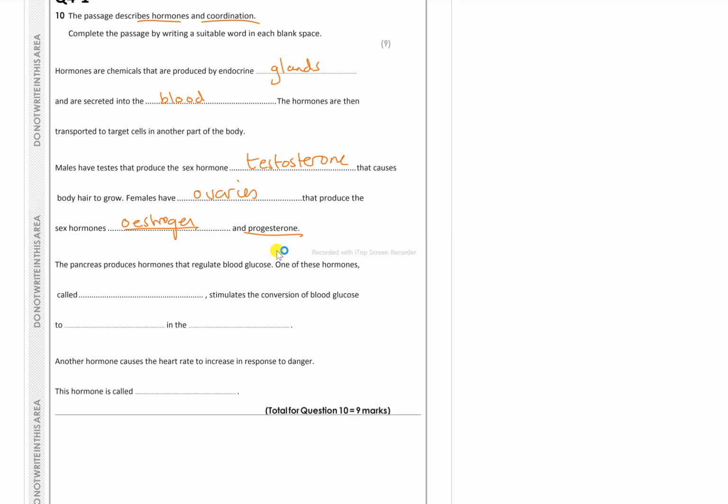The pancreas produces hormones that regulate blood glucose. One of these hormones is called insulin and stimulates the conversion of blood glucose into glycogen in the liver, or you could put muscles. Another hormone causes the heart rate to increase in response to danger. This is called adrenaline. I think this was done in another topic paper as well.